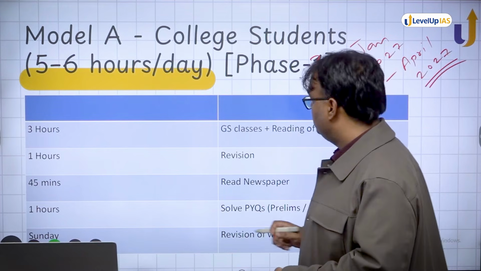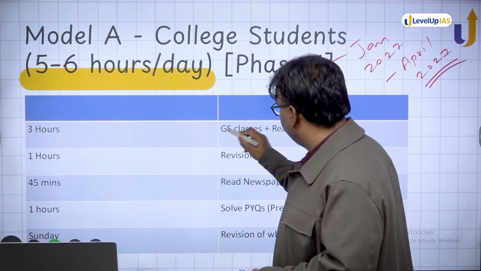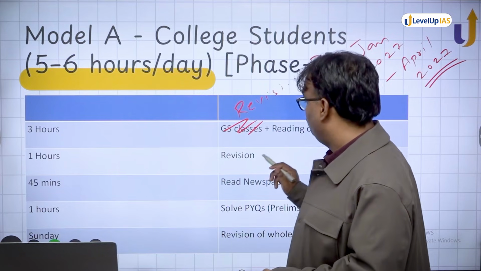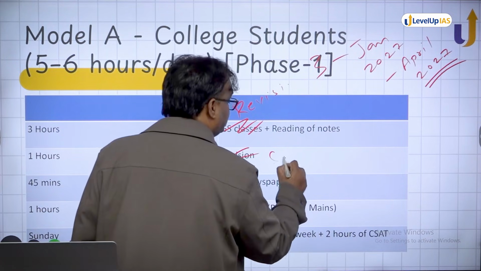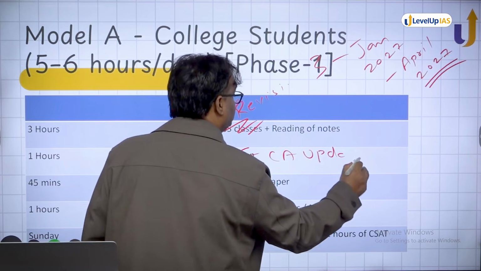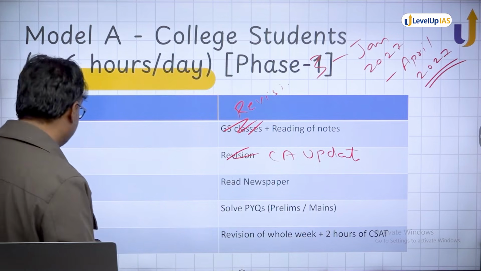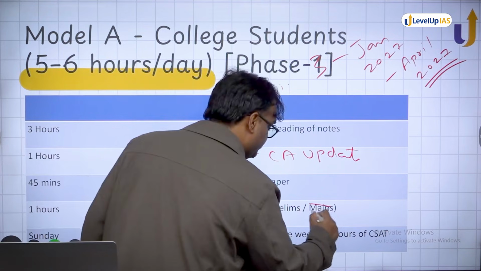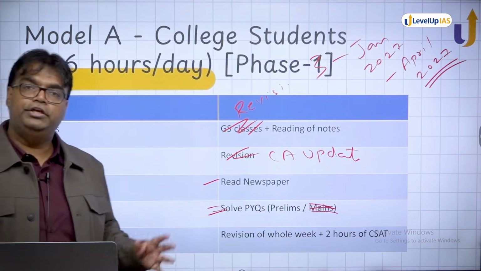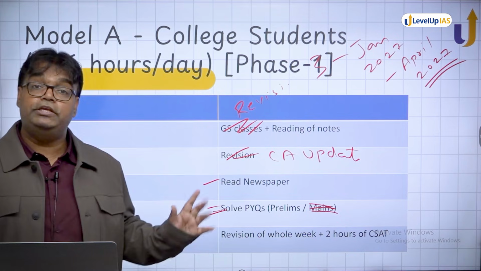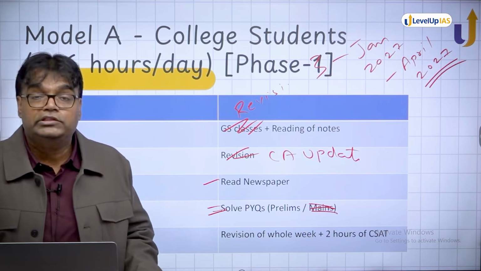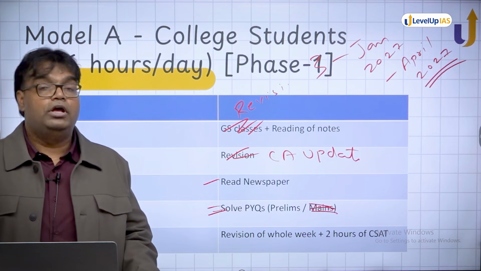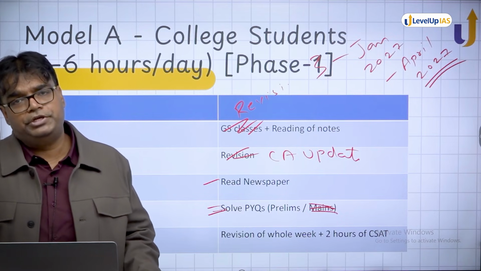Phase 3 will be this: 3 hours GS classes नहीं, revision. आपने already सब पढ़ लिया है ना. 1 hour any CA update which is needed, go for that. Then read newspaper, solve MCQs, or at the end of the week give full length test. Revise. ये आपका phase 3 is what? Prelims victory phase. Yeah, a phase where you are winning over the preliminary examination.